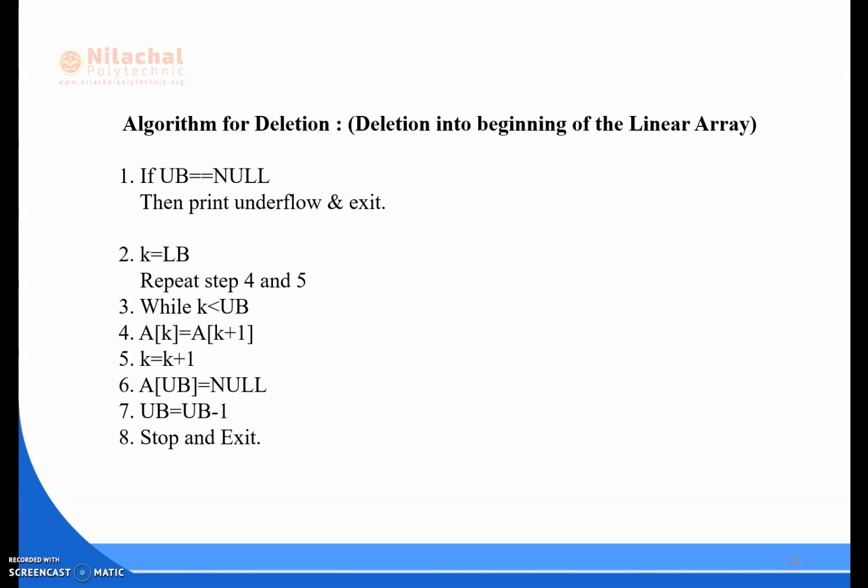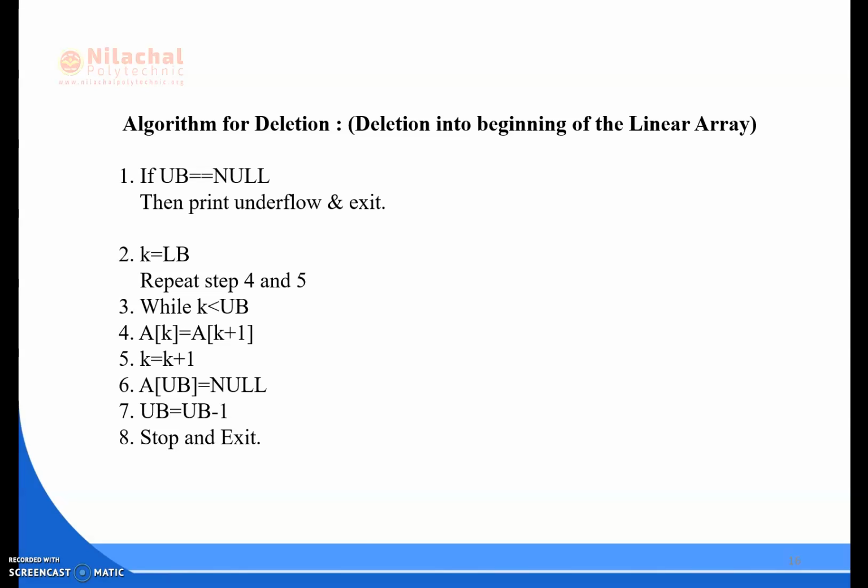That means if the upper bound is null, there is no data element present in the array and we cannot perform the delete operation. If the upper bound is equal to null, then the linear array is empty. We will print underflow and we will exit as we cannot perform any delete operation.